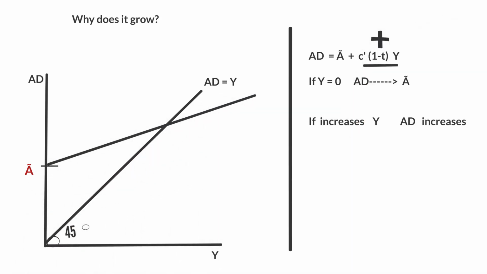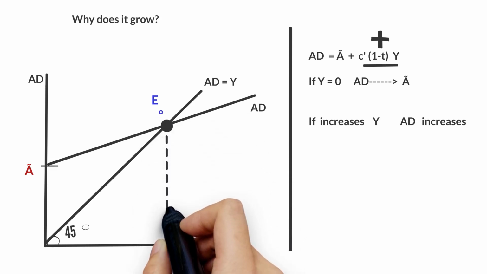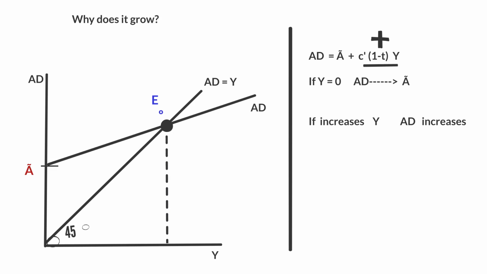That is, the slope of the aggregate demand curve is positive. In this way, there is an intersection between the aggregate demand curve and the bisector. It is an equilibrium point that we call E sub 0. The equilibrium point is reached for an income level, Y asterisk, which we call the equilibrium income.